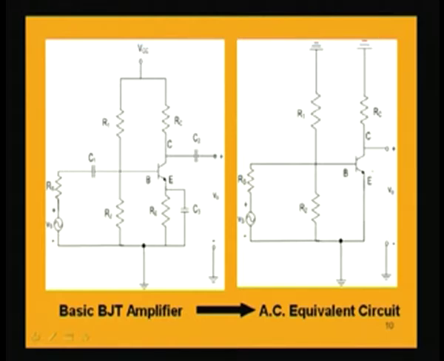Now, after doing these steps, we can also notice that because of this short circuiting by C3, RE is removed totally, because the emitter current will go by the short circuited part.